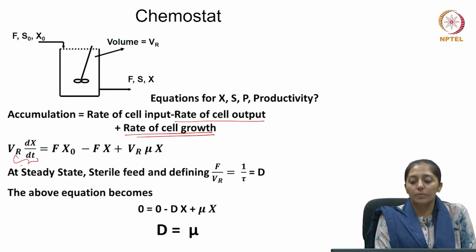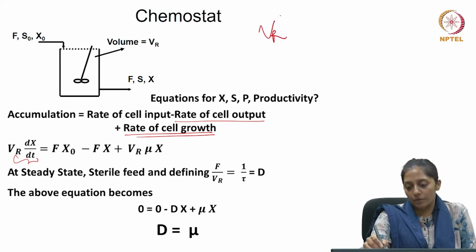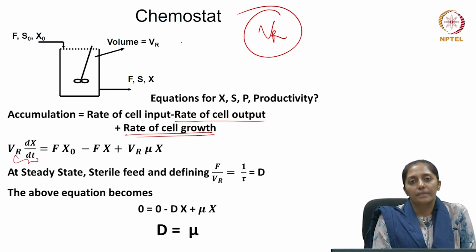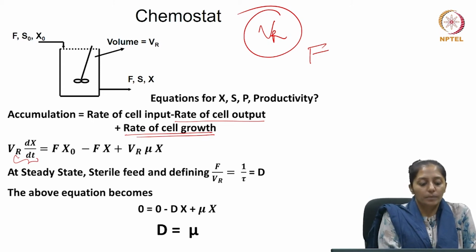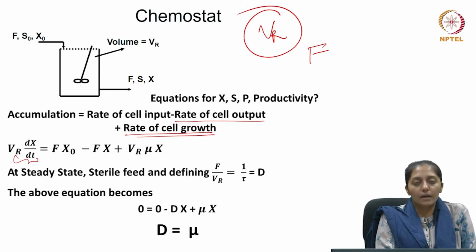Now again, in a chemostat, the volume of the reactor is fixed because the inlet and the outlet flow rates are constant at F. X is the biomass concentration. So, it is a mass balance, but now the volume being fixed has been taken out, and we can represent it as V_R times dx by dt.